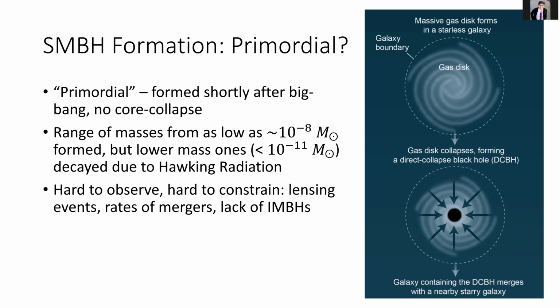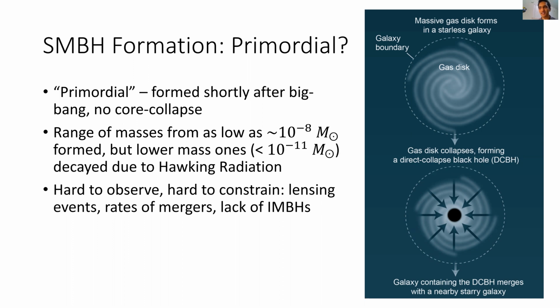Anyway, I was saying these black holes are the primordial black hole theory. It's a little bit hard to observe and a little bit hard to constrain. In terms of constraints, it's tricky to have these really small black holes all over the place because we'd expect to see a lot of lensing events associated with them.